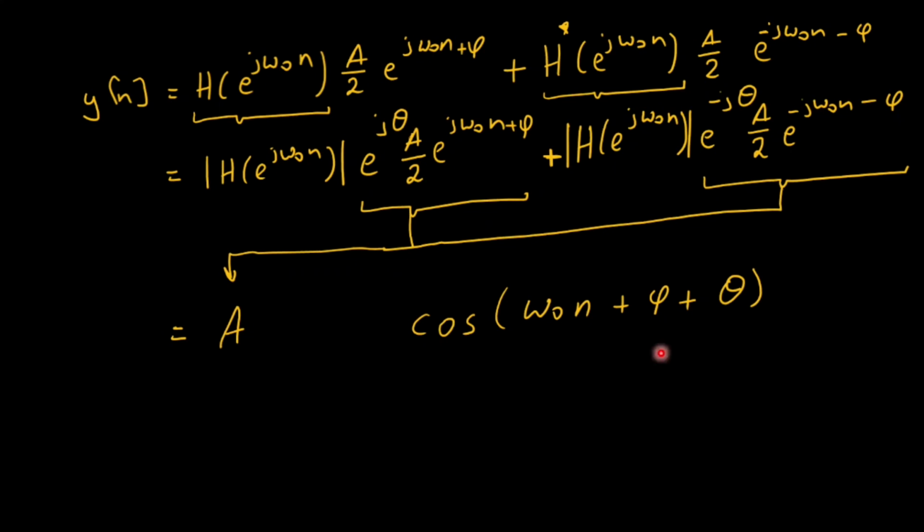So from that Euler's identity we achieved this cosine function, and the magnitude is common, which is reappearing over here. Now note that this is the output of a system for which we gave A cos(omega naught n plus phi) as an input. At the output, this is not retaining itself, that is, this is not the eigenfunction which retains itself. So we have an additional plus theta in the argument of the cos function alongside these multipliers.